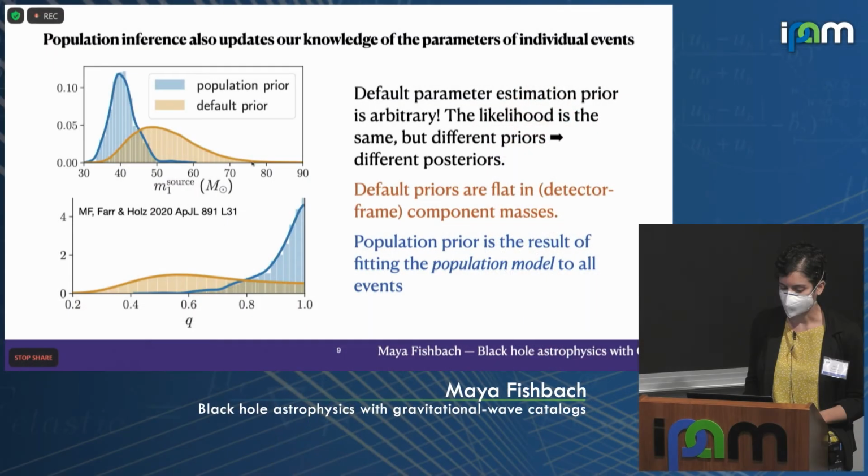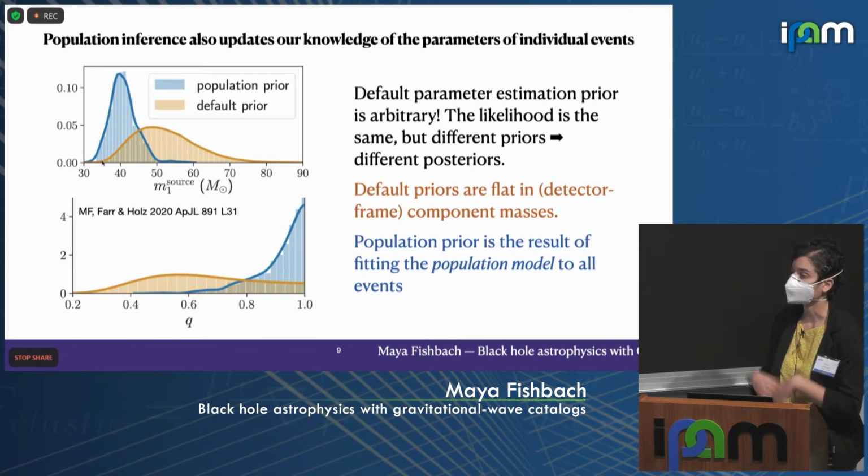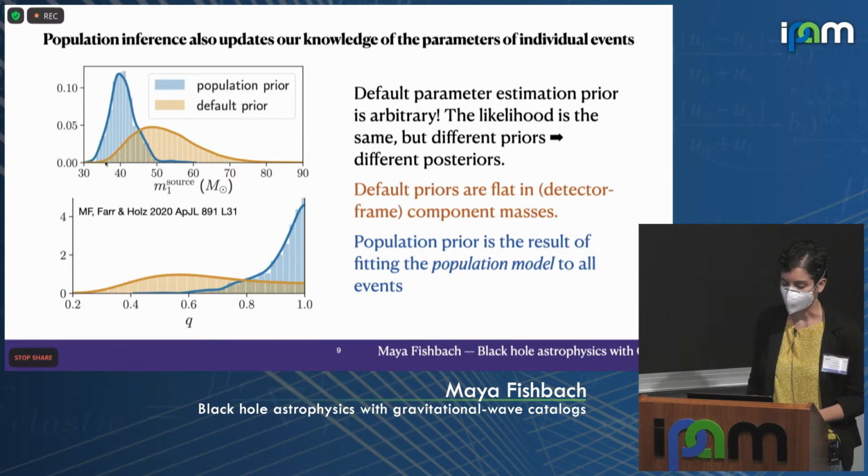But just to stick with this example, this was in orange. This is the default prior that we used in our parameter estimation to infer the source frame primary mass of this event. So under the default prior, it was most likely around 50 solar masses.